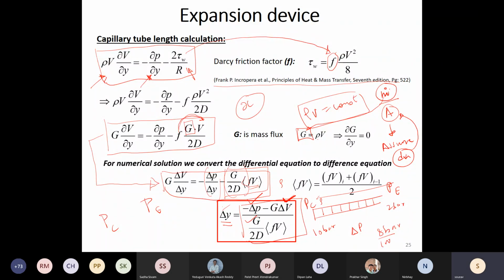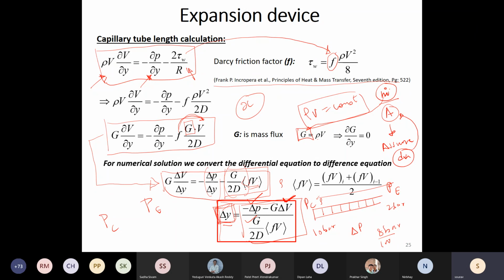So ultimately, this equation now turns out to be an equation to determine the quality and the length. Because once the quality is fixed, density gets fixed. Once the density is fixed, the velocity gets fixed. And once I know the velocity at the next node, then I can apply this difference equation and get the delta y.